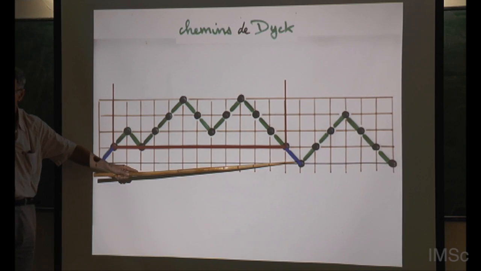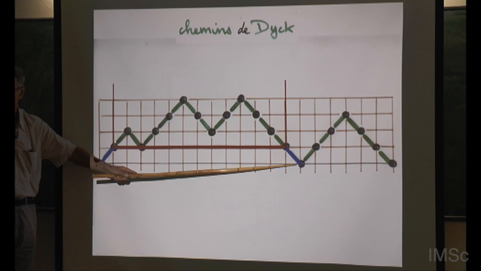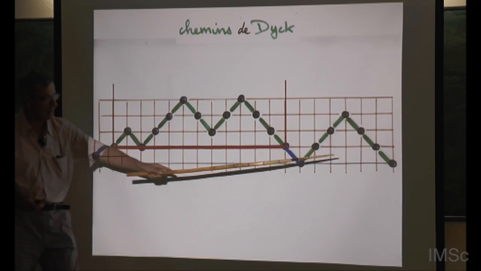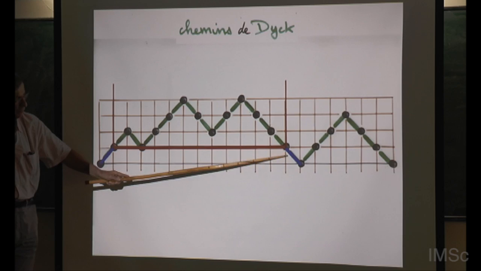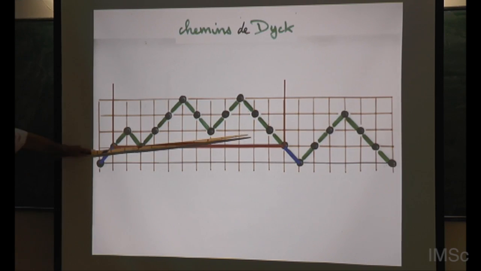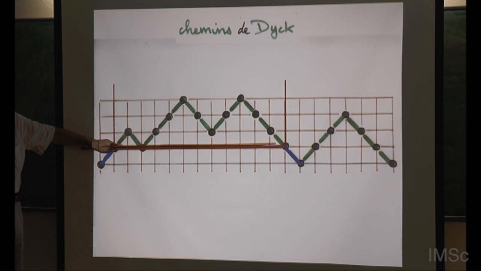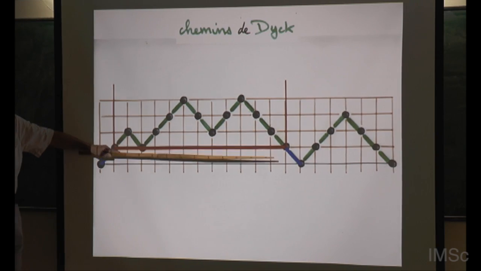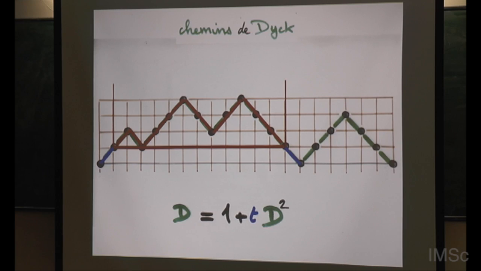So you just distinguish the first time you go back to level 0. You are sure that this will happen because at the end you must go back to level 0. You cut the Dyck path the first time you go to level 0, and what you get is a decomposition. This is a Dyck path above the red line. This is another Dyck path. So you get this equation.